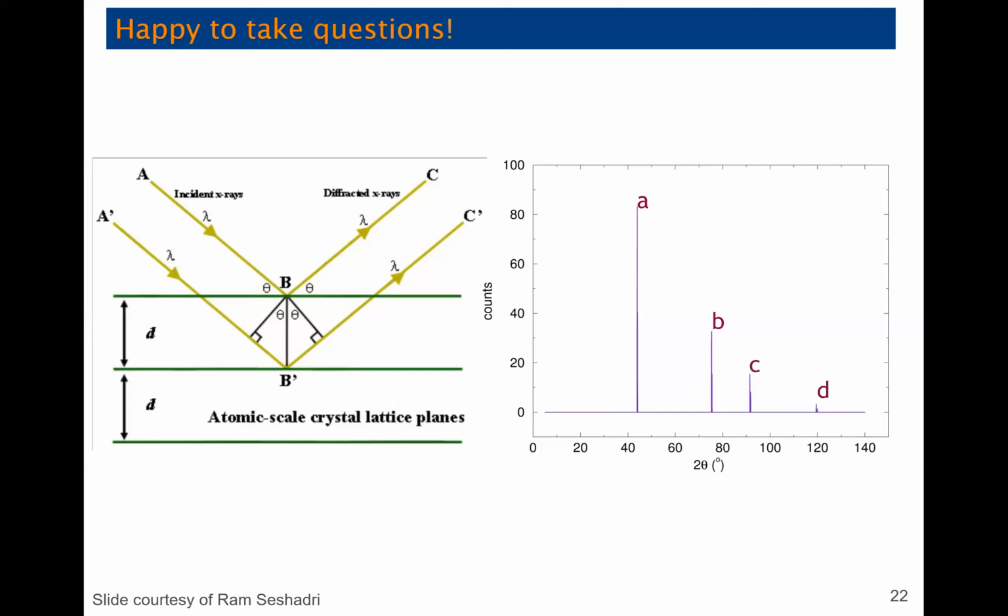It's pretty cool when you can leave the battery cycling in the diffractometer. We use the same powder lab XRD equipment, leave it charging and discharging, take an X-ray scan every 20 minutes, and then plot that all up next to the charge discharge pattern and say, wow, all these peaks suddenly move to the left, or these ones disappear.